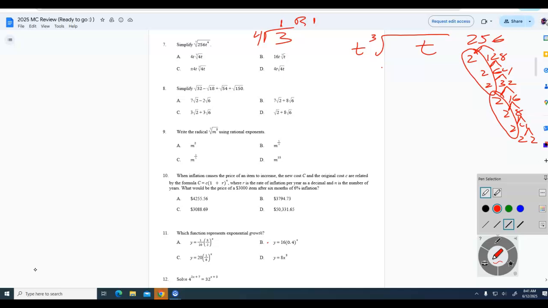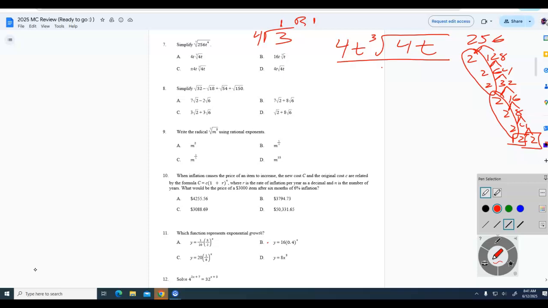So we have 2 groups of 3 twos. Since the index is 3, I need the number to show up 3 times for me to pull it out. The 2 shows up 3 times twice, so we multiply it. 2 times 2 is 4. And then we multiply whatever is left that's not going outside the radical. So you have the 2 twos left over. 2 times 2 is 4, and that is your answer.